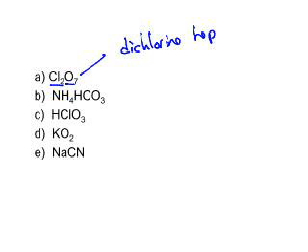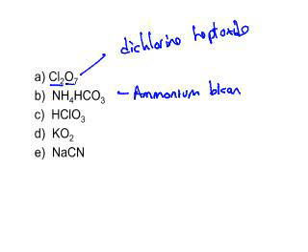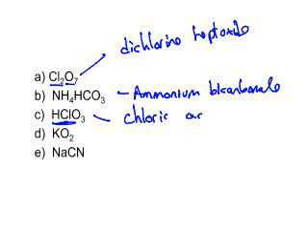dichlorine heptoxide. All right? This is ammonium. It's ionic. Bicarbonate. You could also say hydrogen carbonate. This is an acid, and ends in ate, so this is chloric, CHLOR, chloric acid.